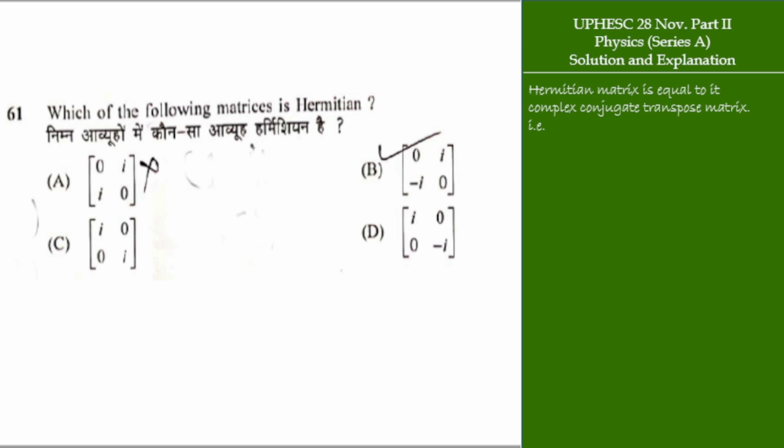If the obtained matrix is equal to the original matrix, it is called a Hermitian matrix, otherwise not. Mathematically, if element ij equals the complex conjugate of element ji, then the matrix is known as a Hermitian matrix. So only option B is such that its complex conjugate transpose is the same as the given matrix. So the correct option is option B.